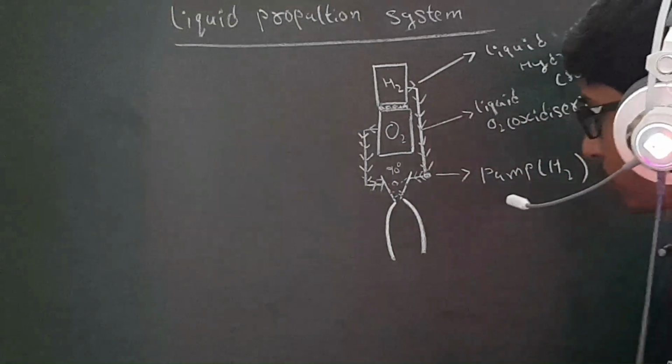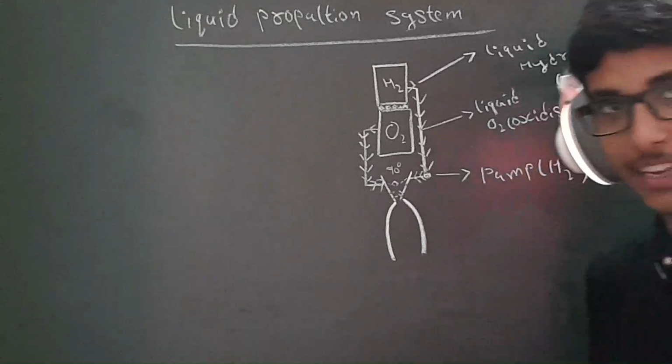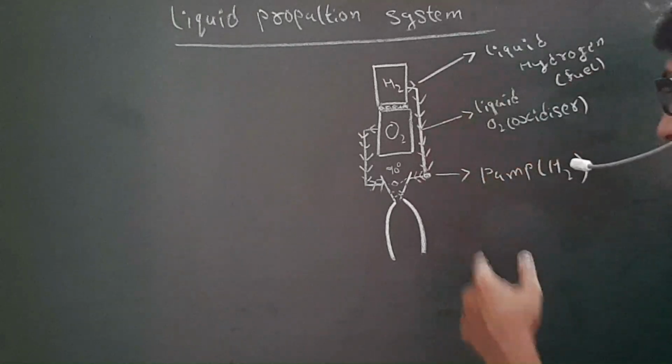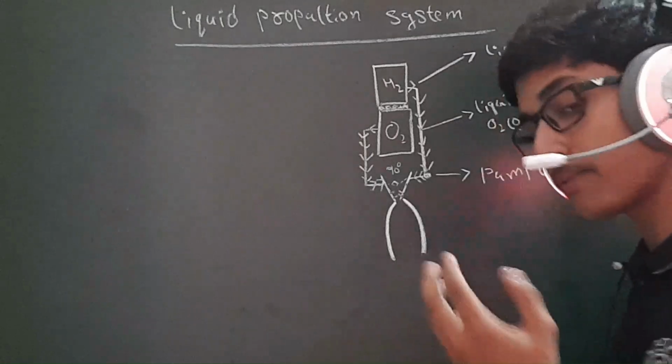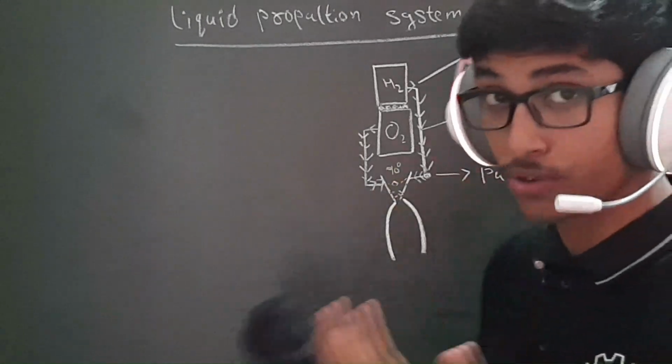So I've drawn more. Now this particular thing is looking like a rocket, right? This is the rocket nozzle, and before understanding why this rocket nozzle, we first understand how the thrust is generated. Like we have seen Diwali rockets, they use the solid propellant technique, or you can say the powdered propellant technique.